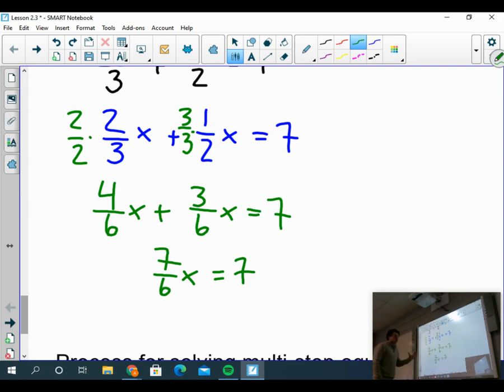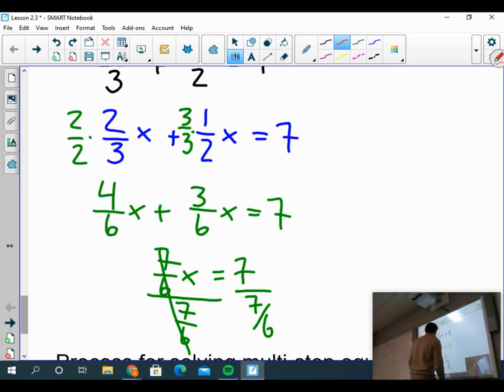And again, my ultimate goal is to get x by itself. So what do I need to do here? Well, the 7/6 is being multiplied by the x, so I divide by 7/6 using my inverse operations. I have to do that to both sides. Well, 7/6 over 7/6, anything over itself is just 1. So the left side, I will just have x.